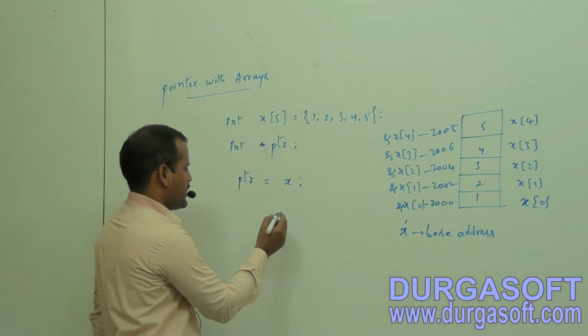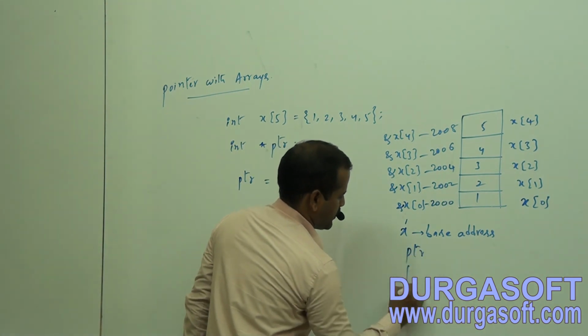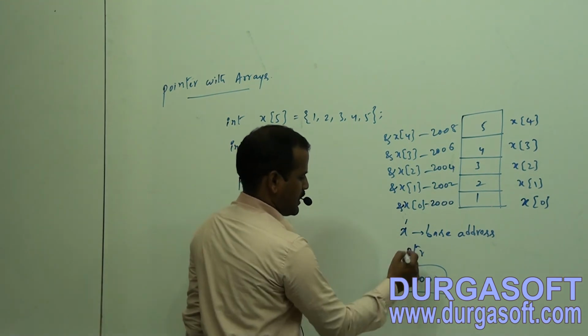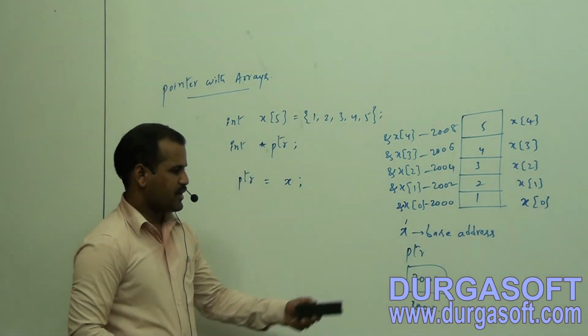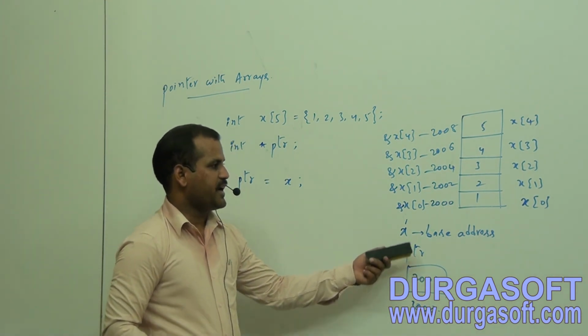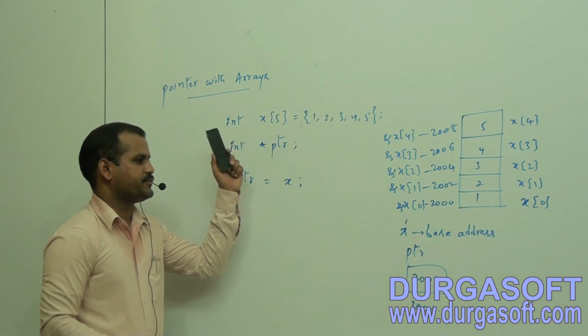So that is nothing but here the pointer variable stores the base address. Here we are taking 2000. There is some more address for this pointer in the memory, but this pointer value is 2000. This 2000 indicates the address of this array which is declared here.